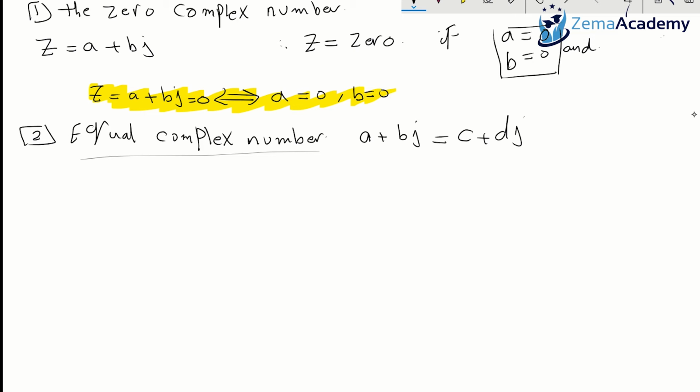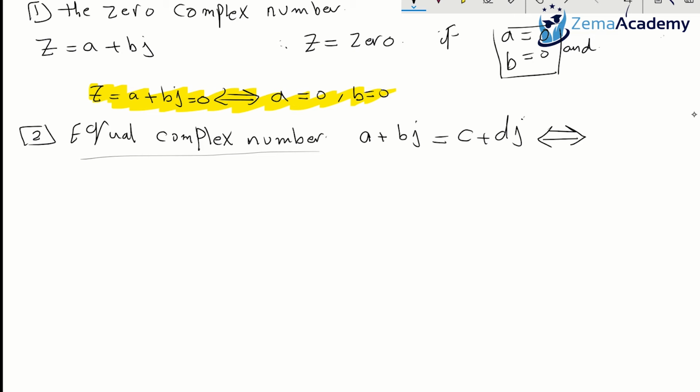When these two complex numbers, a plus bj and c plus dj, are equal, what is the condition? The only condition is a equals c and b equals d, correct?